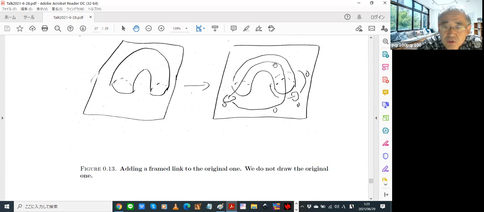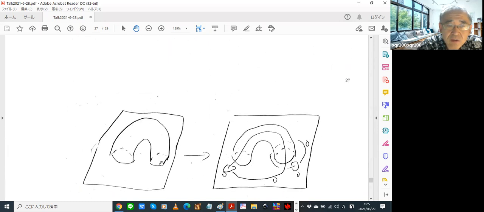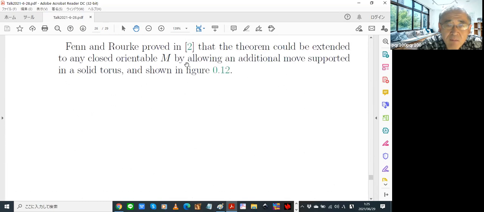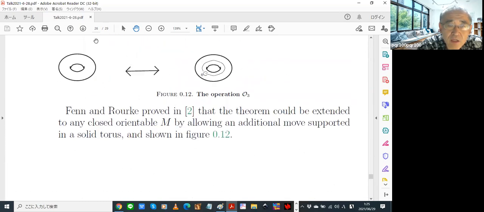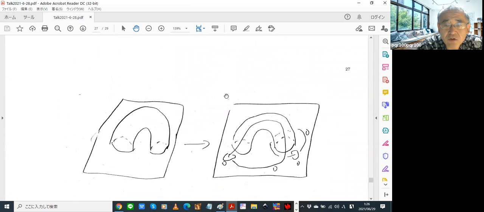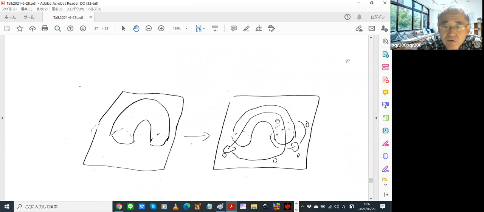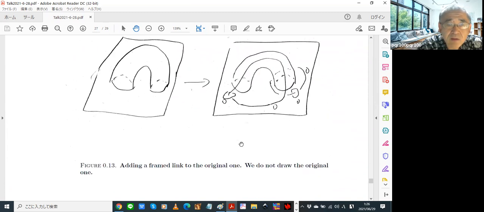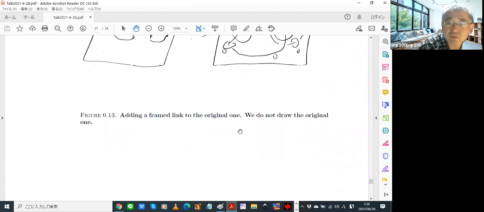We put these four nodes here so that it doesn't touch the original framed link. By Robert's theorem, this operation doesn't change the three-manifold. So the three-manifolds are the same, but we kill this generator of pi 1. That's the proof.